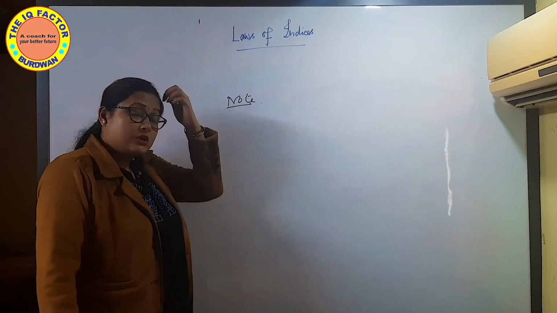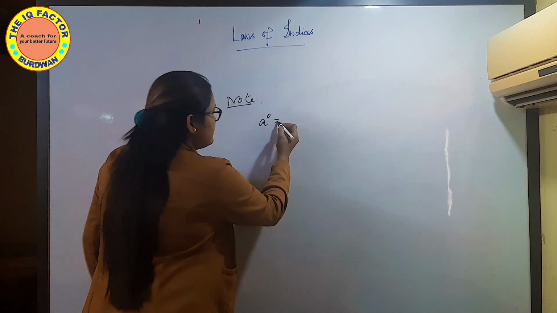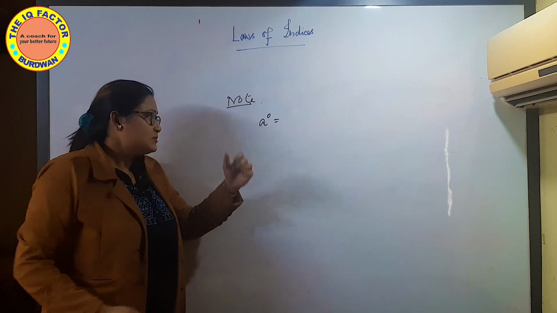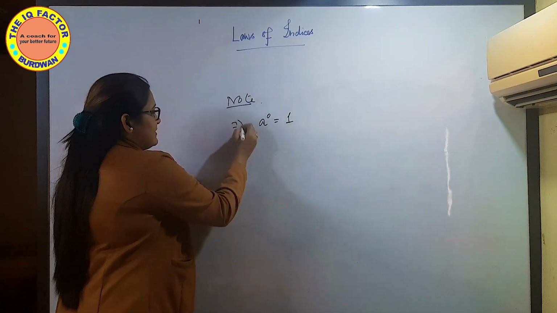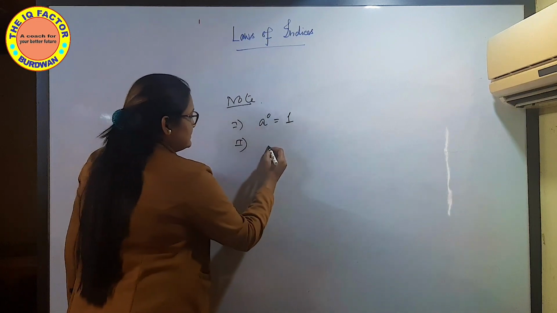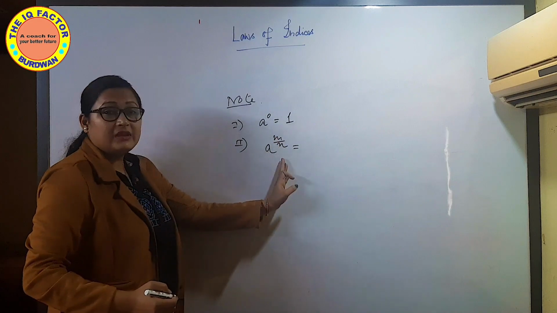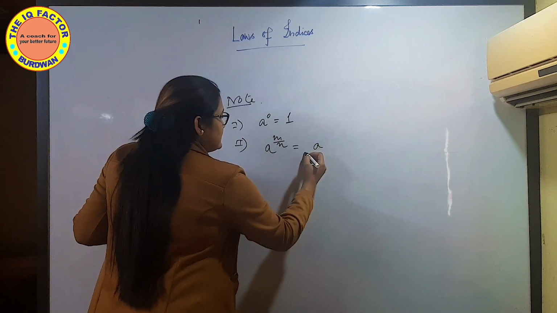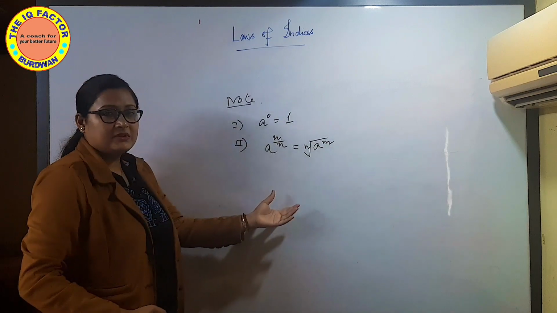Now, I will let you know a most important thing, that is what is a to the power 0. A to the power 0 is equal to 1, and a to the power m by n we can write, it is the nth root of a to the power m.